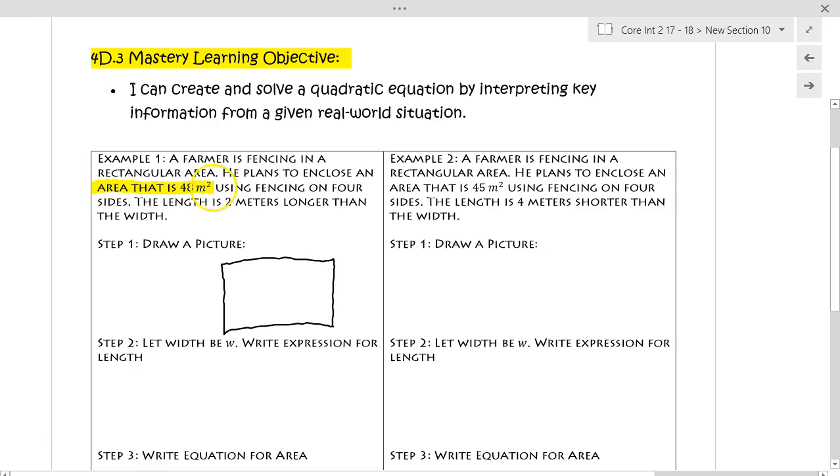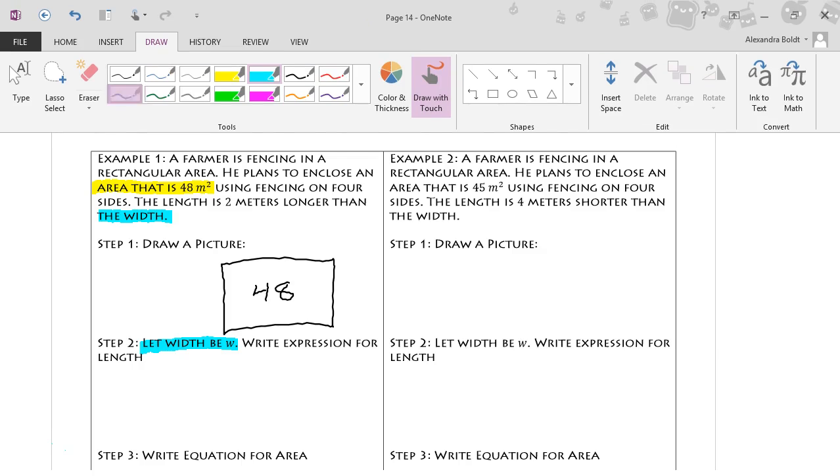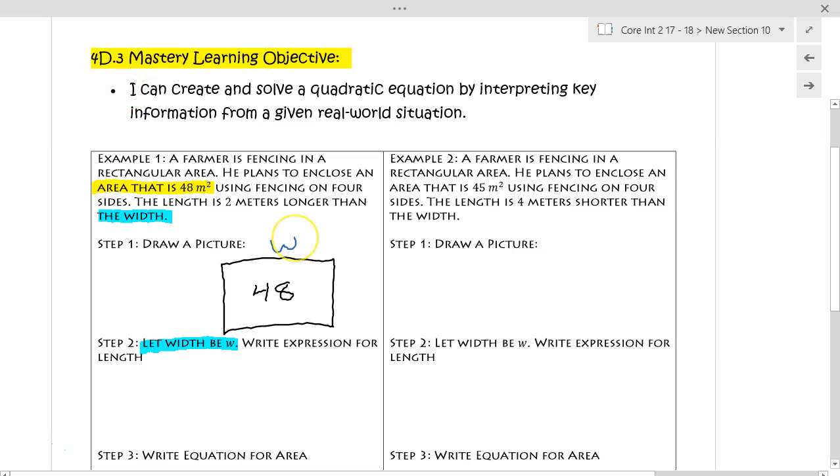So my area is 48 meters squared, so I have a 48 on the inside. And then the length is 2 meters longer than the width. And it's just saying let width be W. So instead of using X, I'm going to use W as my width.